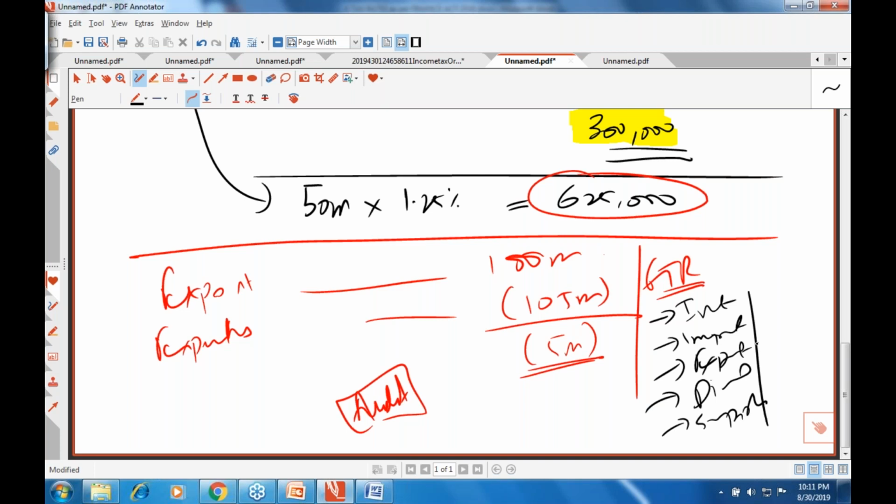So basically, if you do an export, no matter what you earn, you have to pay 1% of the export value as tax to us. And you're not allowed to claim any expenses. Even if you are running into loss, pay us 1% of the export. So that is what the government did.